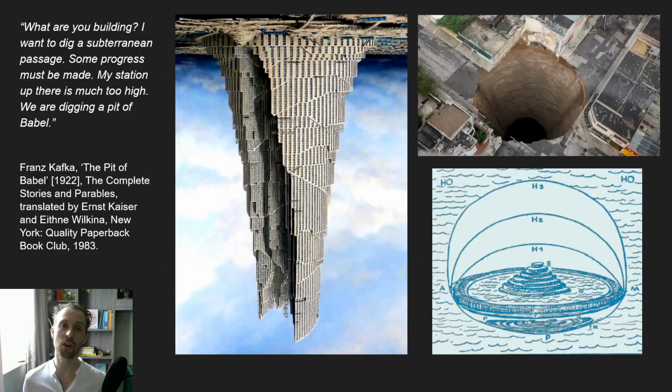In conclusion to her essay, Hito Sterl offers a really interesting resolution to the paradox of the Tower of Babel. If by building the tower up to reach the level of the divine, or simply by building technology up to elevate ourselves beyond the human condition, this project is always doomed to fail or doomed to return us to where we started, Hito Sterl points to an interesting solution posed by Franz Kafka in a very, very short story he wrote that's just a few sentences.